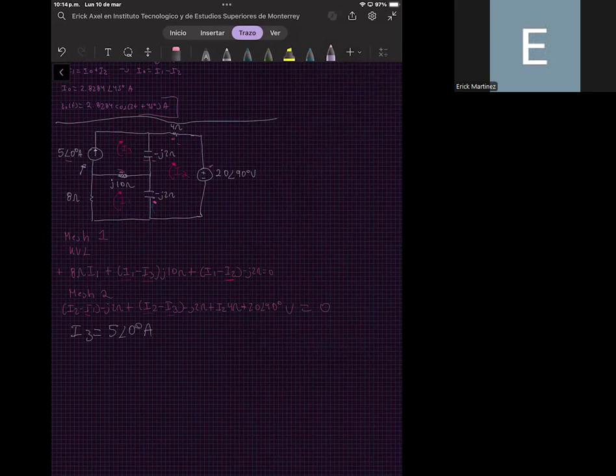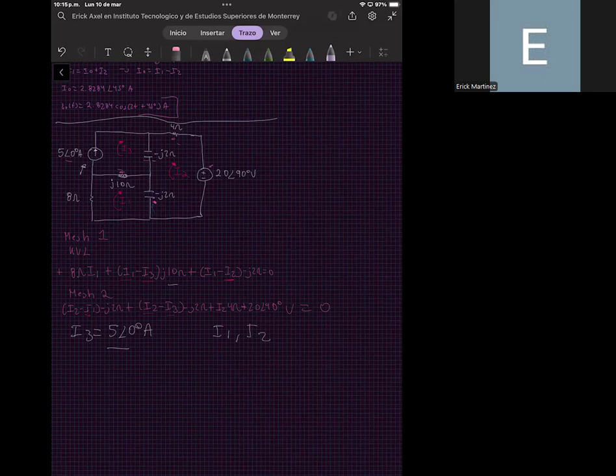Now we have all the currents, so we can introduce this system of equations. The unknowns are I1 and I2. Also, we know I3. In fact, you can substitute the value of I3 into these two equations.